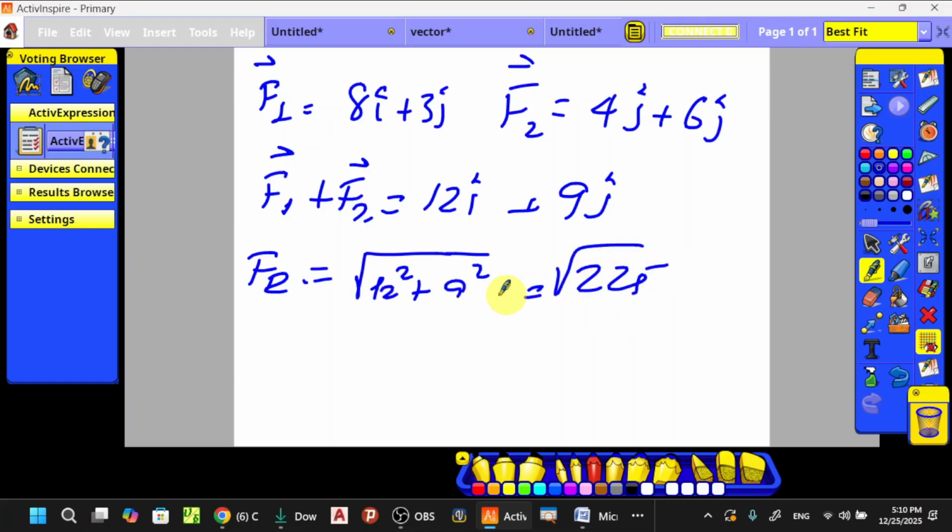That is 15. So 15 is the answer. The resultant force is 15.